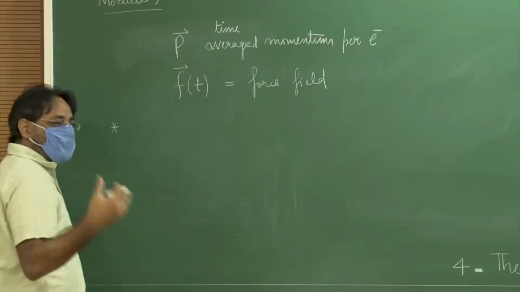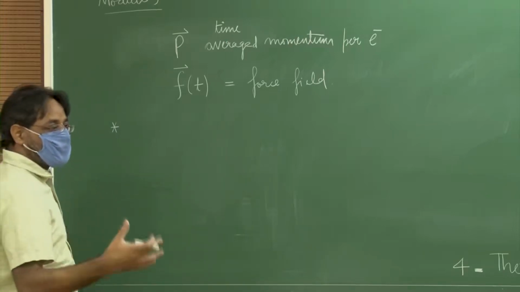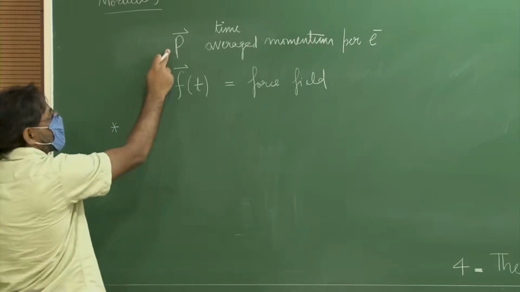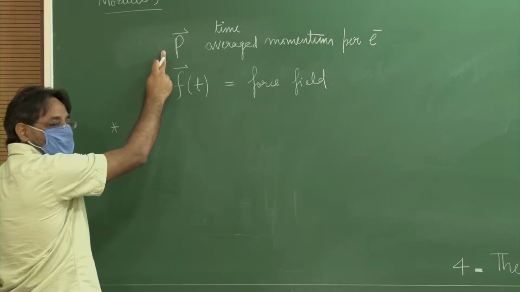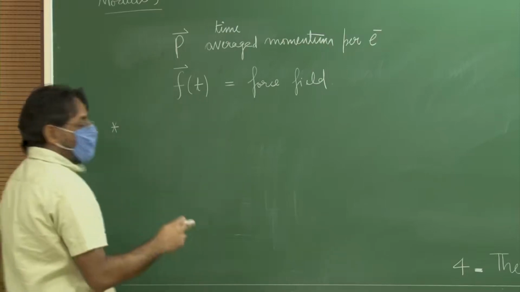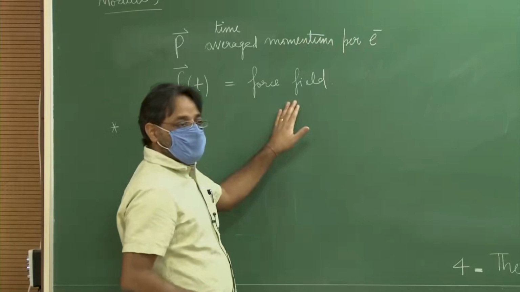That is known as the drift velocity. In textbooks, you will see the word drift velocity. That drift velocity is the velocity that you get from here by dividing by mass. All right, but then the drift velocity would be 0 in the absence of a force field.